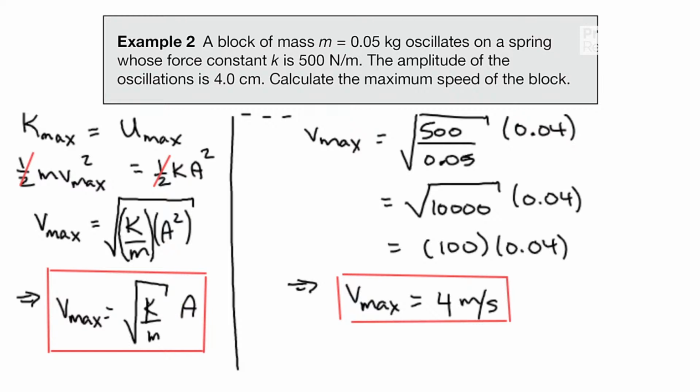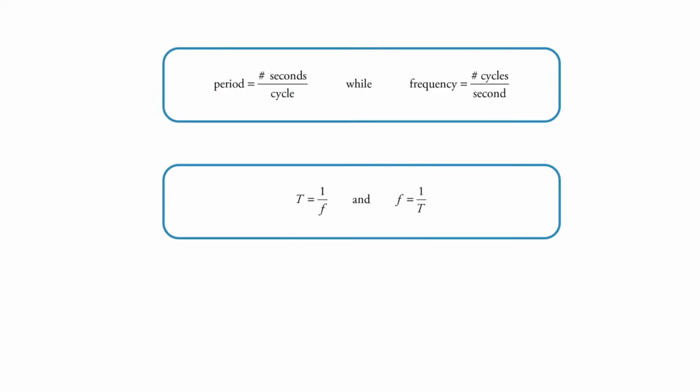So this brings us through much of what we need for the spring mass systems and oscillations in general for some concepts. But there are a couple of terms we still need to define, and that is period and frequency. So period is the time required for a cycle or an oscillation. So however many seconds occurs for that oscillation.